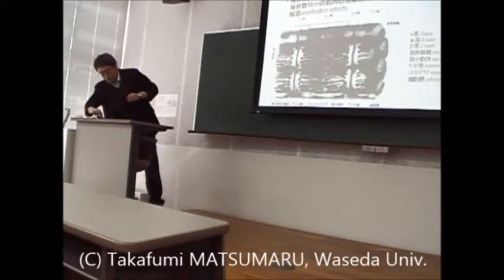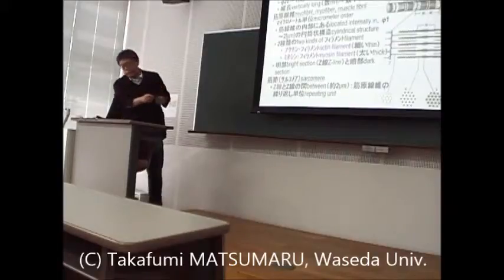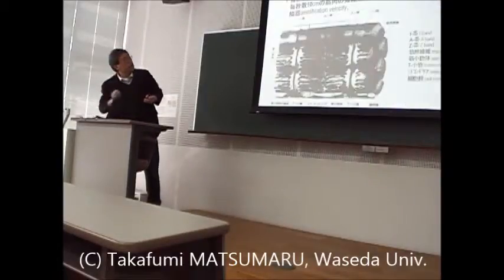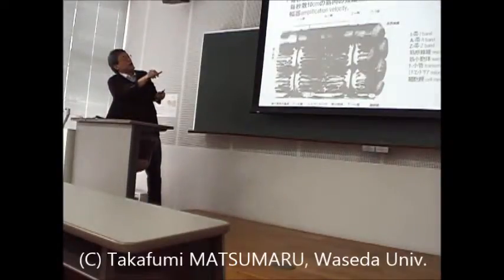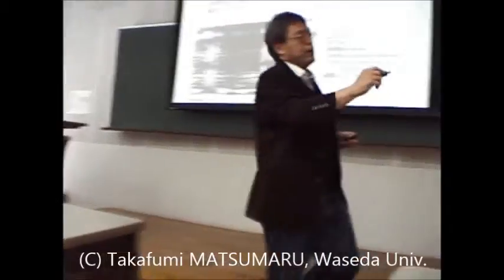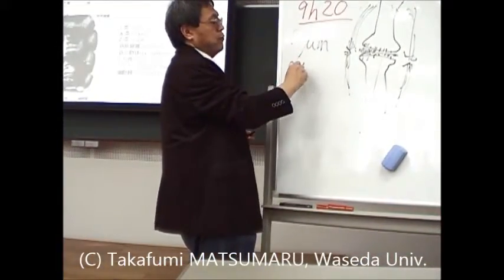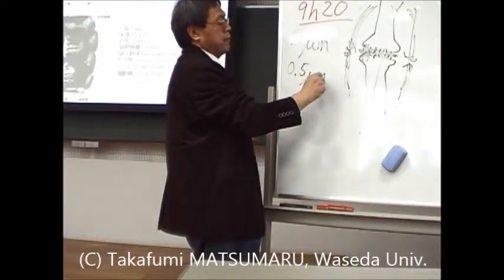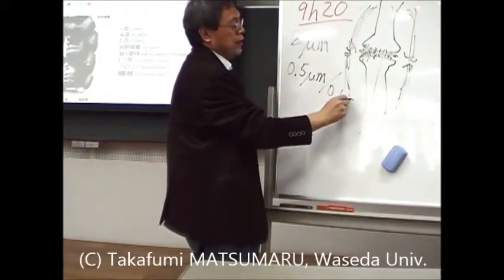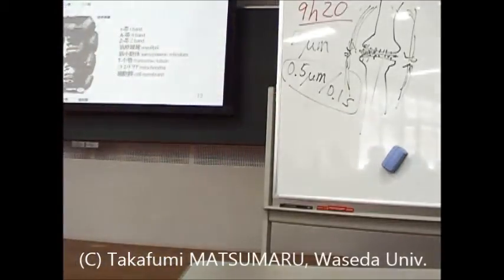Normally it is 2 micrometers, but it can contract 0.5 micrometer in 0.1 second. This is the speed of one sarcomere.